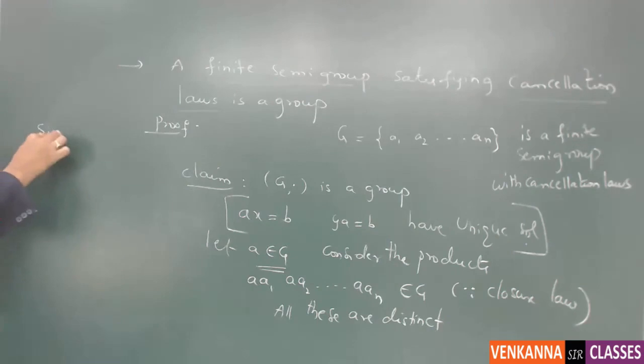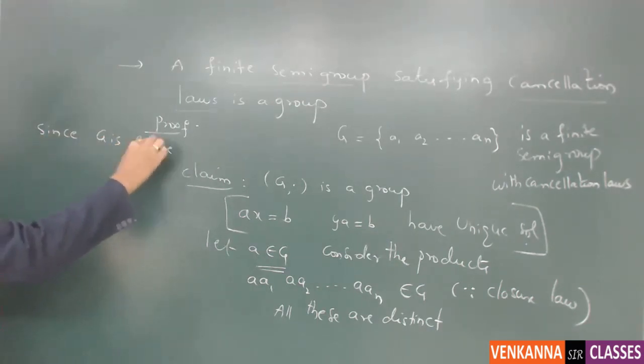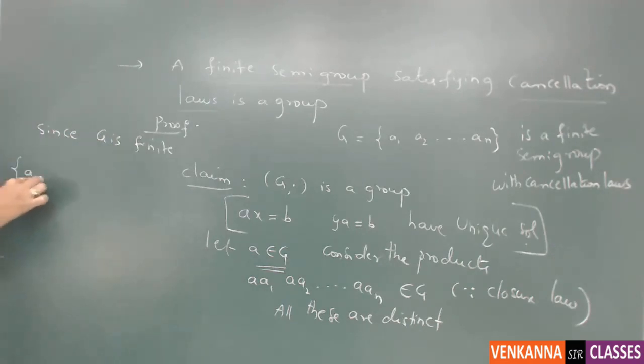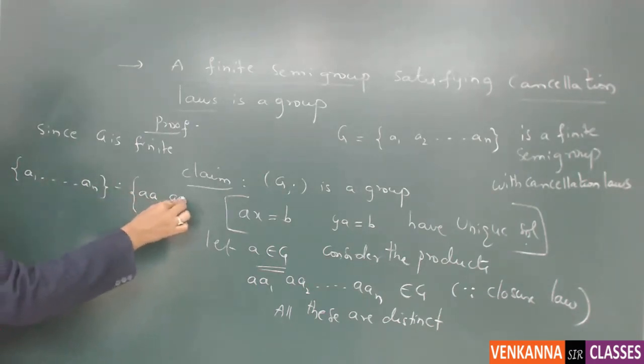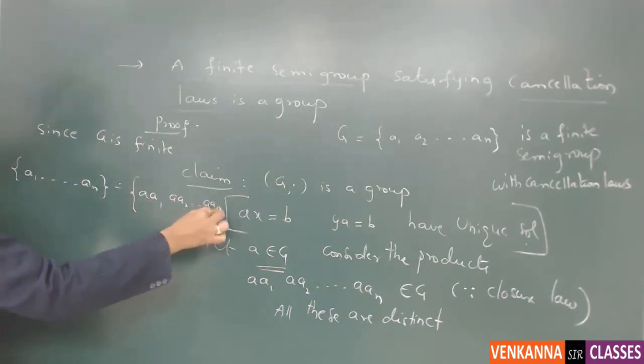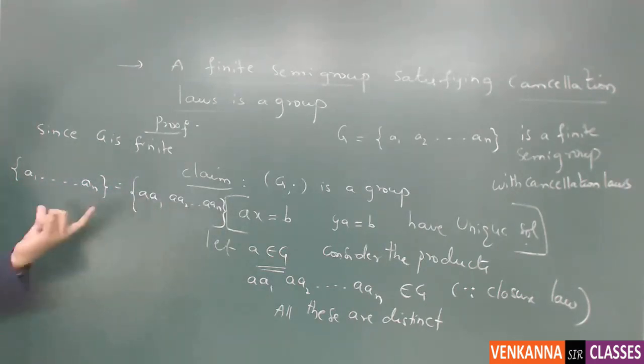Since G is finite, the set of values A1, A2, so on, AN is equal to the set of values aA1, aA2, so on, aAN. The set and the resultant set both must be equal in some order.